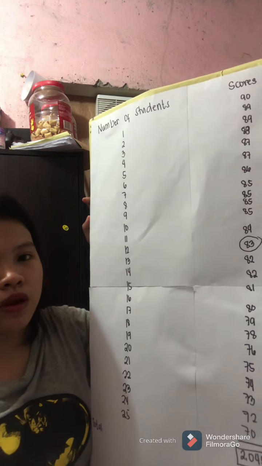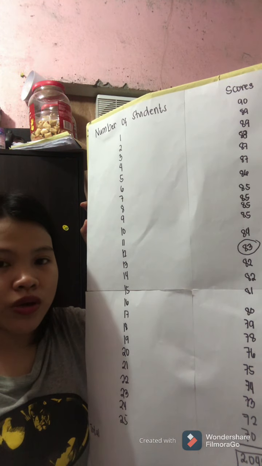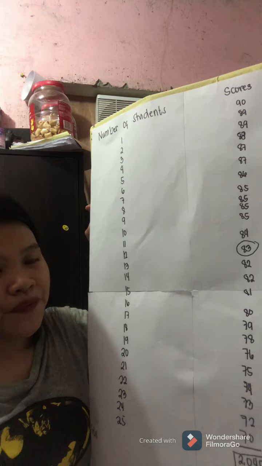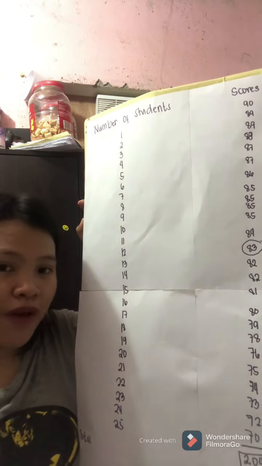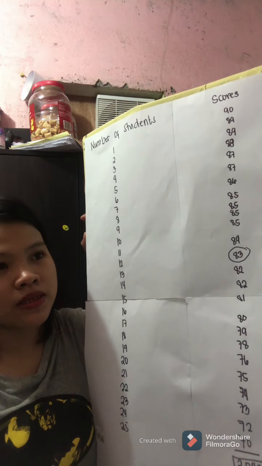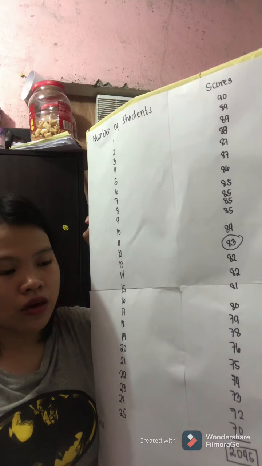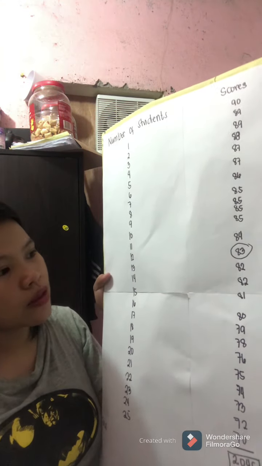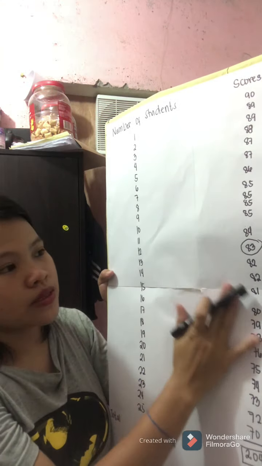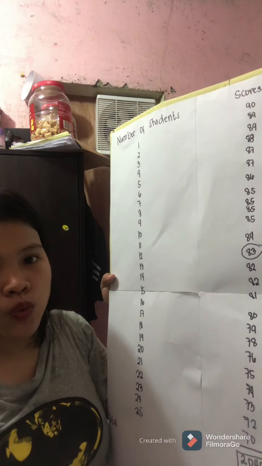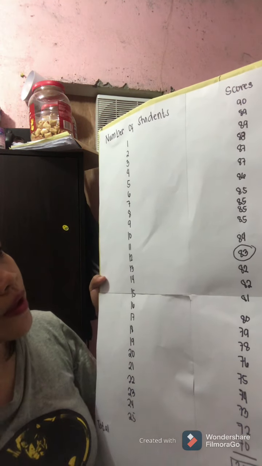So the next one is I am going to get the mode. In order to get the mode, let us first identify what number is frequently used or repeated in the data.